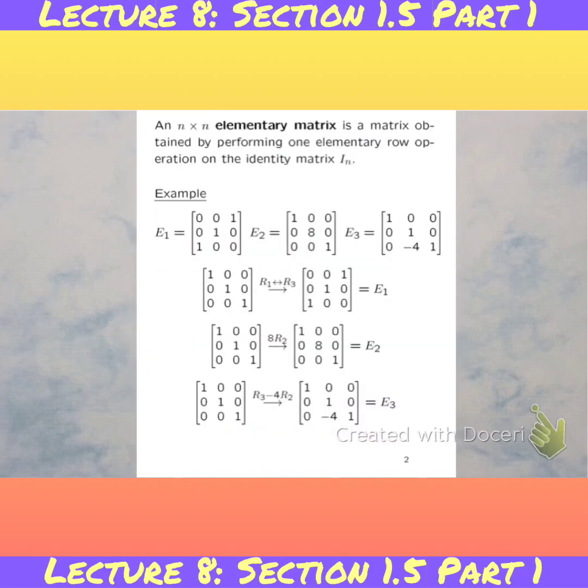Alright, this brings us to the definition of an elementary matrix. An elementary matrix is a square matrix, and it's a very simple matrix in the sense that you can construct it using the identity matrix I subscript n.